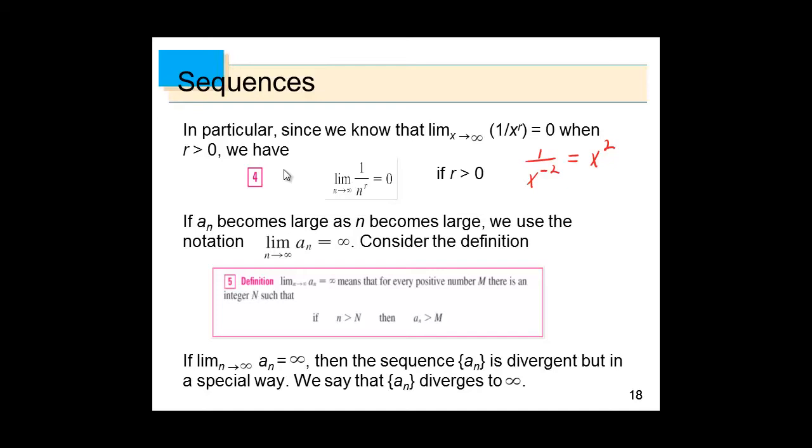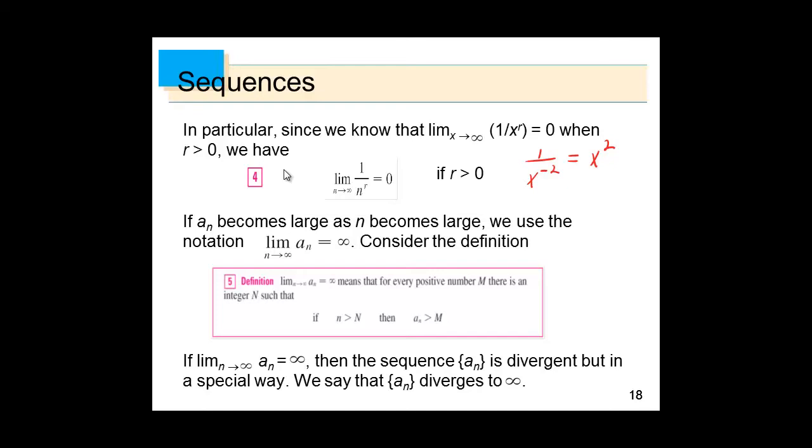Then, if the limit is infinity, it means that I can start walking on the sequence, and I'm going to reach a point such that after that point, all the terms are bigger than m. Is that making sense? So you give me any large number you like, I can walk on the sequence long enough and reach a term such that all the terms after that will be bigger than m.